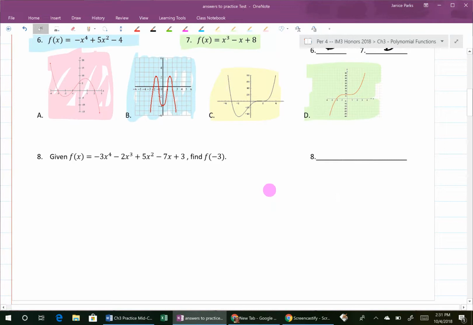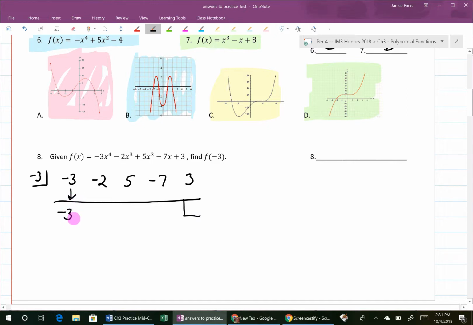For number 8, we have to find f of negative 3. The easiest way to do that is synthetic substitution. However, you can also use direct substitution. I'll show you both methods. Synthetic substitution would look like this. Make sure you use all the coefficients and use any placeholders when necessary. This one doesn't need placeholders.